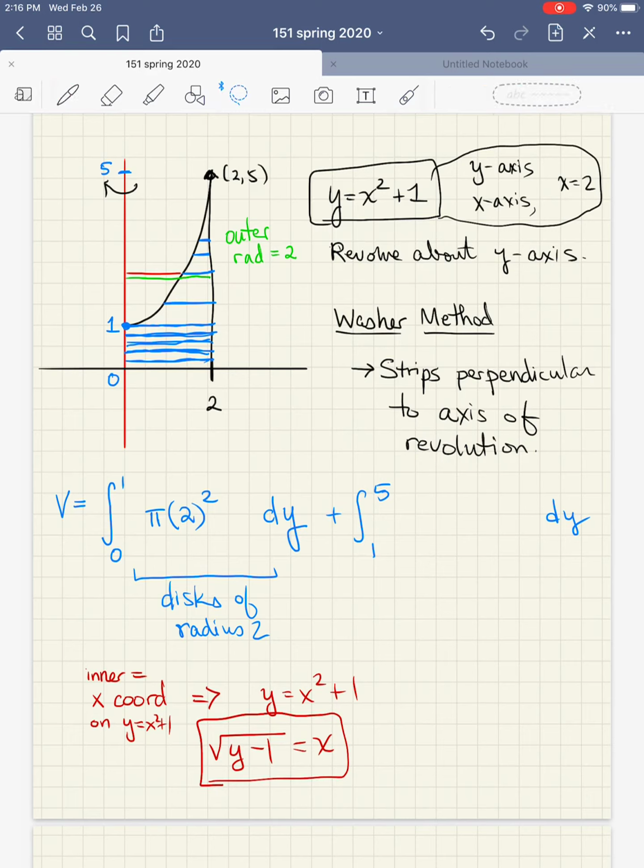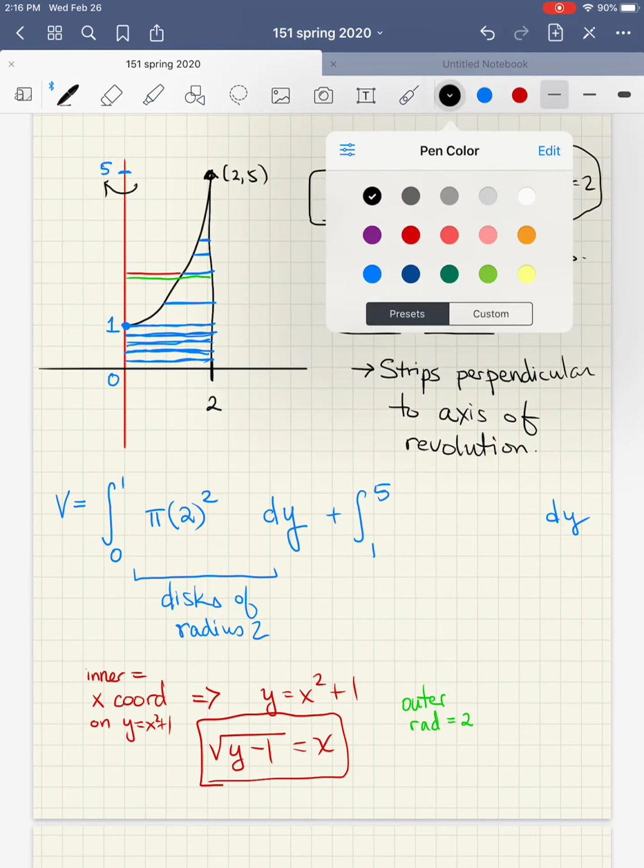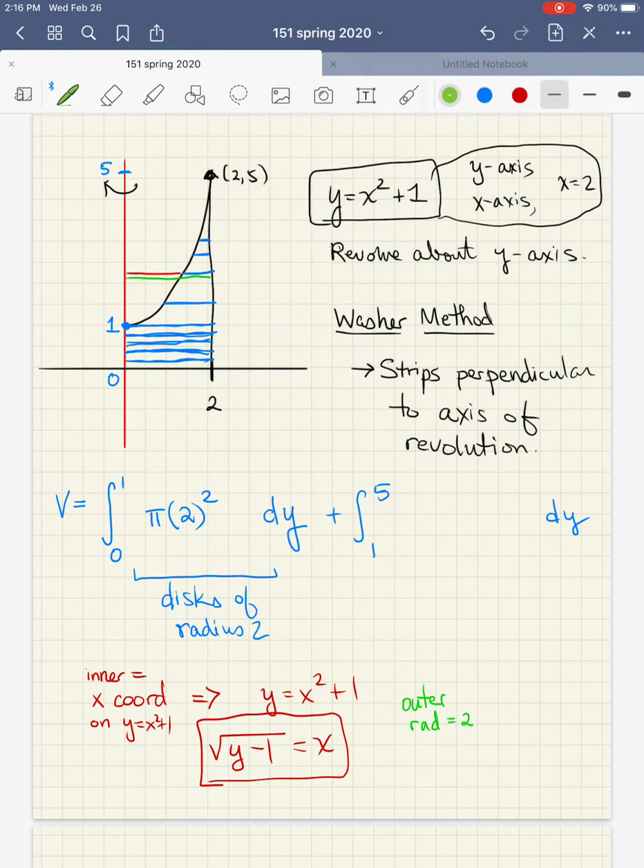My outer radius, we said earlier, is equal to 2. Now if I put these ingredients together, I'm going to get pi times the outer radius squared minus pi times the inner radius squared, which is the square root of y minus 1, squared. And now I'm just going to calculate this integral so I can get an answer.